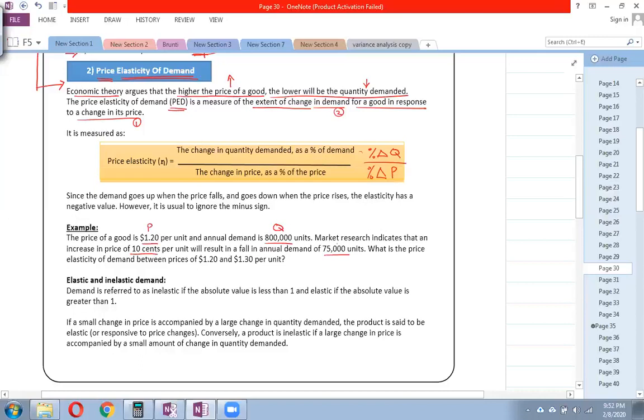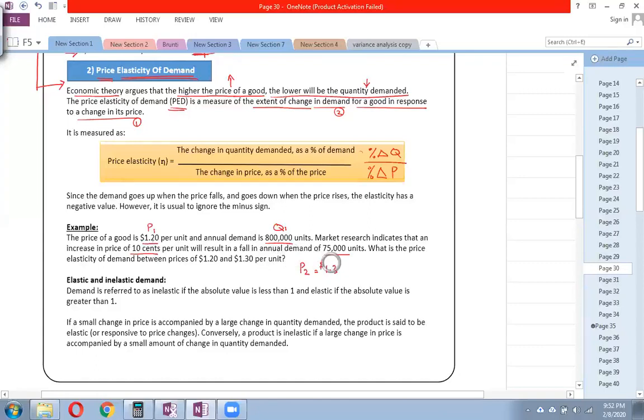Market research indicates that an increase of 10 cents per unit will result in the fall of 75,000 in demand. So let's call it price number one and quantity number one, and price number two, which is a 10% increase, let's say $1.3, 10 cents more. Demand will be reduced by 75,000.